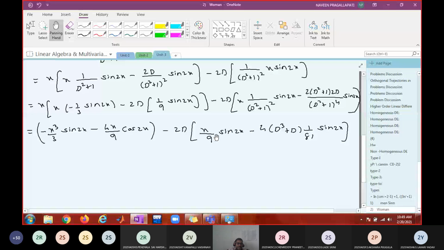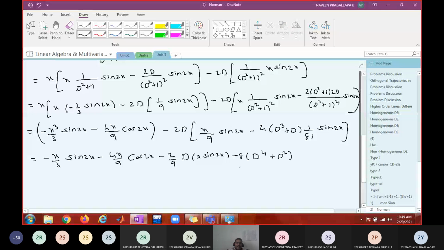So minus x by 3 sine 2x, minus 4x by 9 cos 2x, minus 2 by 9 derivative of x sine 2x, minus 8 times D power 4 of D power 4 plus D of D. D of D is D power 4, D of D is D square, D of D cube is D power 4 plus D square by 81 of sine 2x. Is this fine?